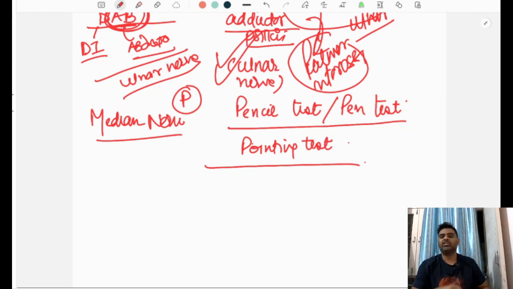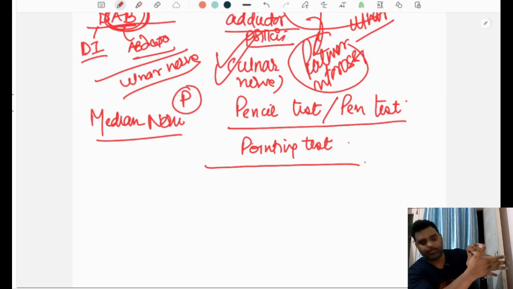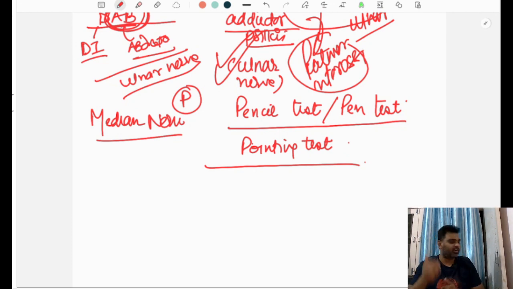And third, there are two fractures, the Bennett fracture and the Rolando fracture, which are fractures of the first metacarpal base. If there is a single fragment, it is known as Bennett fracture. If there are two or more fragments, it is known as Rolando fracture.